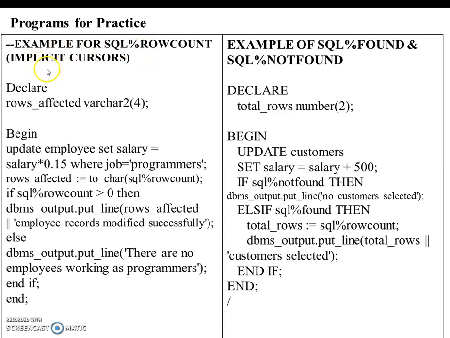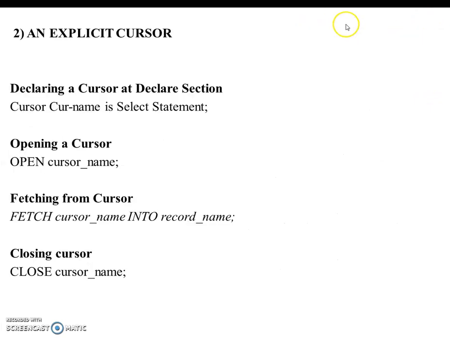The first program is for SQL%ROWCOUNT, and the second one is the combination of %FOUND and %NOTFOUND. So please go through that code, execute them, and let me know if they are executed or if any errors are there. I am waiting for your errors.